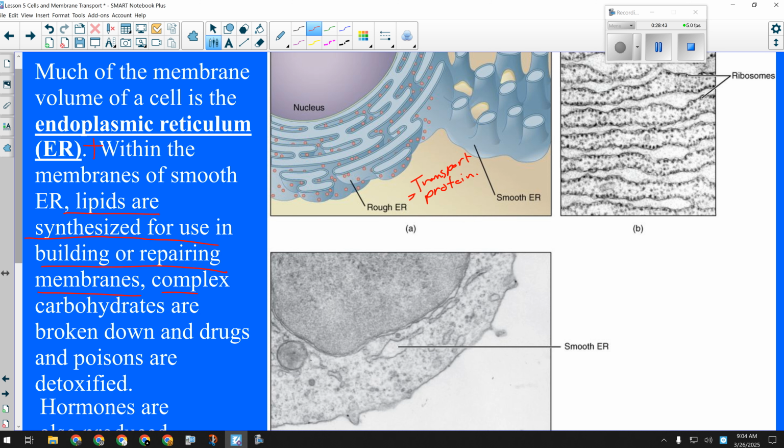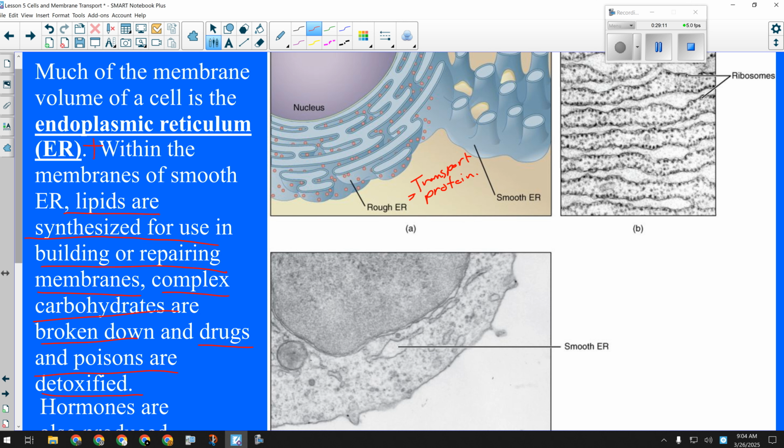So complex carbohydrates get broken down, and drugs and poisons can be detoxified. Not all of them, obviously, but the ones our body is capable of breaking down at a cellular level, the smooth ER helps to break them down. It's important that that happens inside the smooth ER, because usually the byproducts of that are nasty.